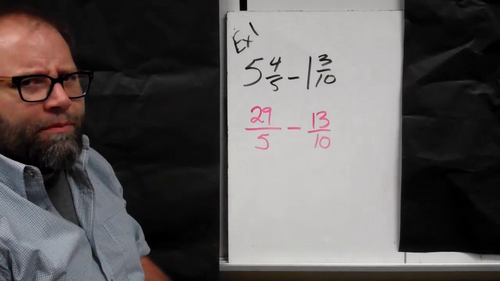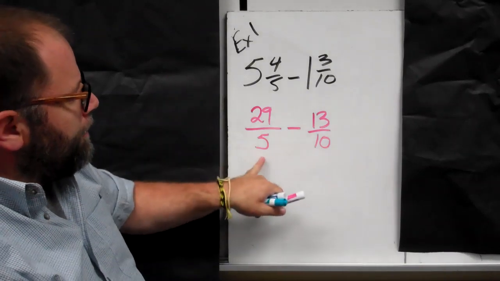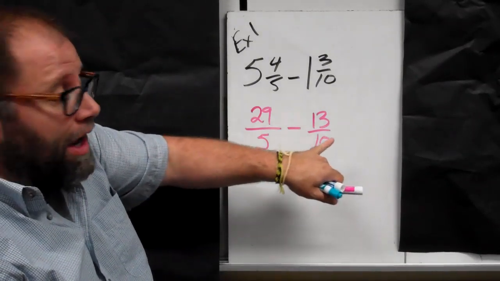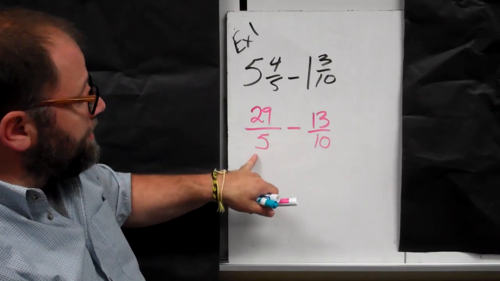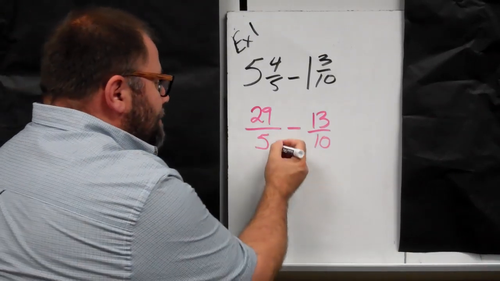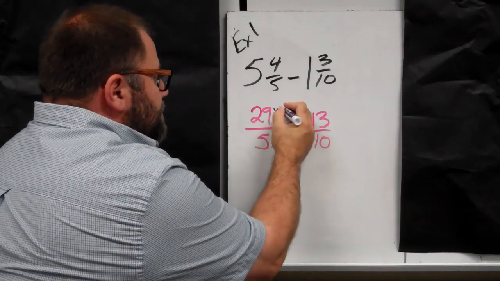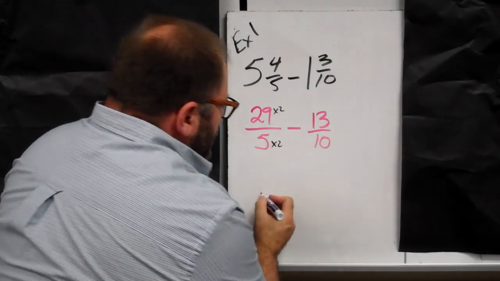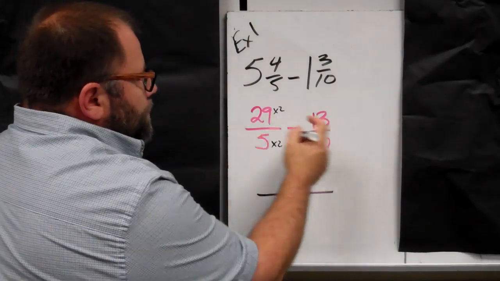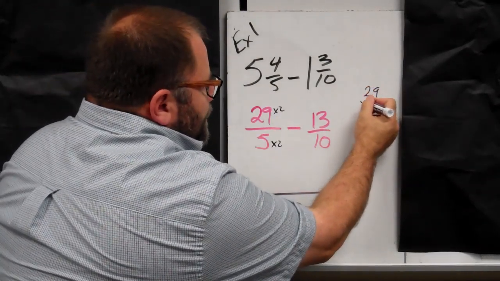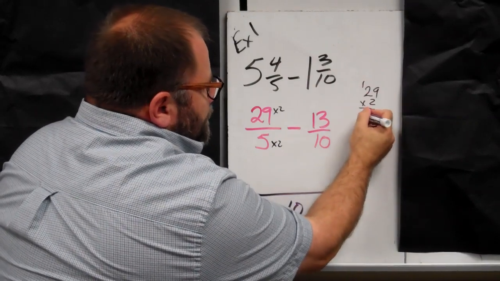So I'm going to have to do a little side math here. If I look at this, I know that 5 and 10 have a common multiple. It's 10. So we're going to multiply this side by 2, top and bottom, times 2, times 2, so that I end up with a denominator of 10. 29 times 2, here's my side math, is 58.